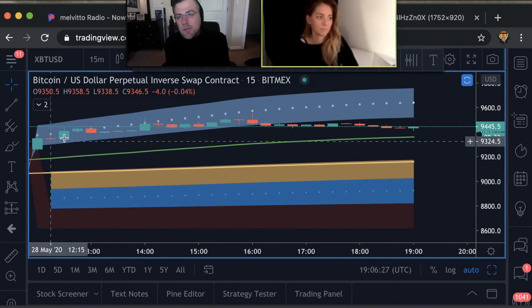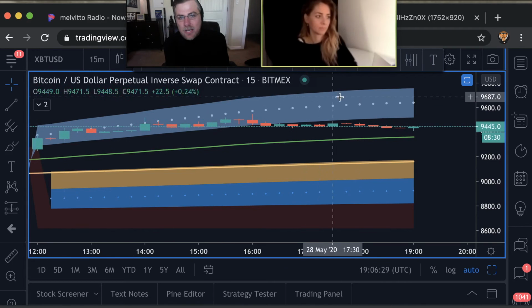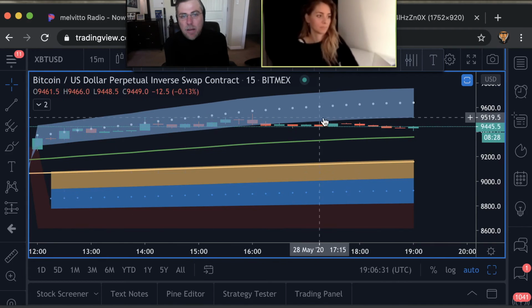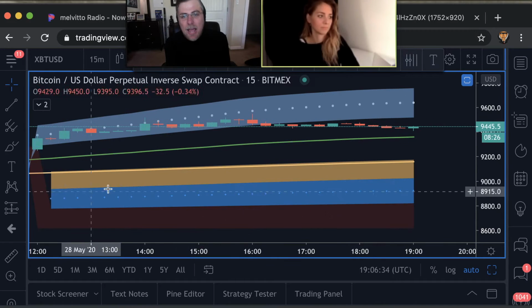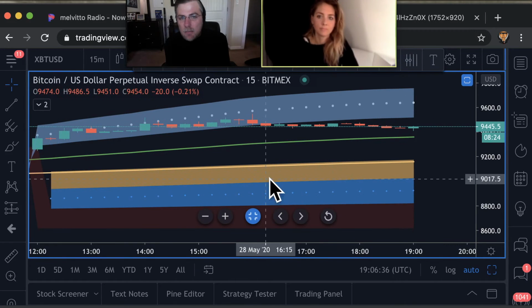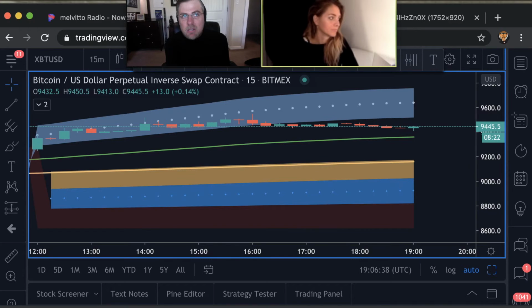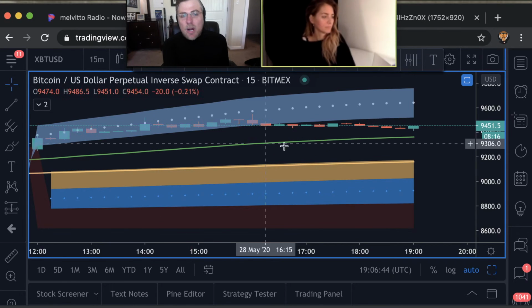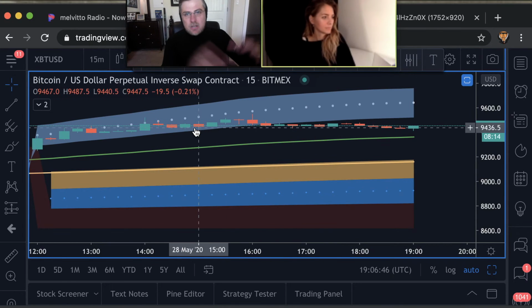Like how many indicators are out there that have a band, a barrier on top and on bottom? That's pretty uncommon. I can't think of really another example off the top of my head. I'm sure there is one, but it's rare to have something that tries to keep the price inside of it on the top end and on the bottom end.